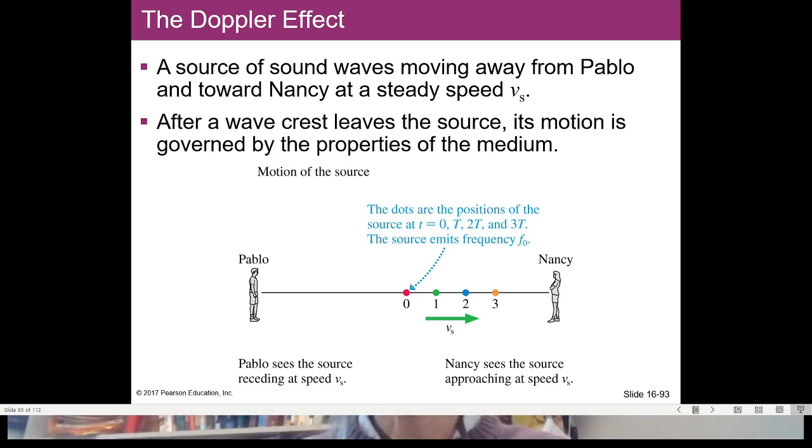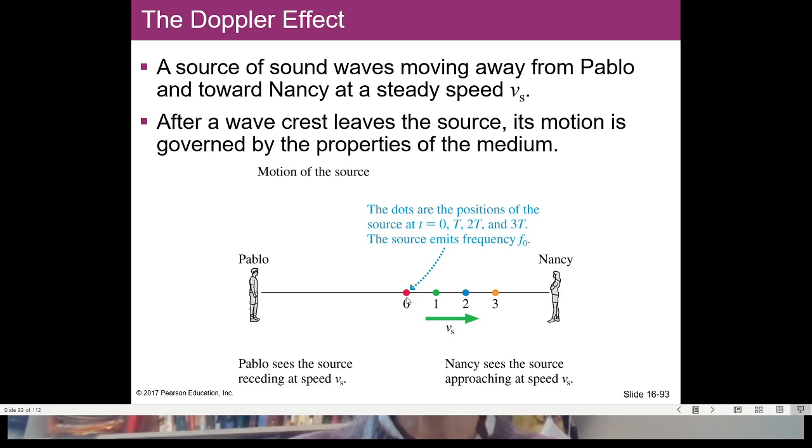All right, so remember that if you've got a source of waves, the waves will be a function of both space and time. Now, if the source of the wave is stationary and you are also stationary, then the wave is going to go in a particular direction, away from Pablo and towards Nancy.